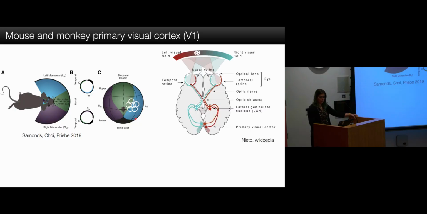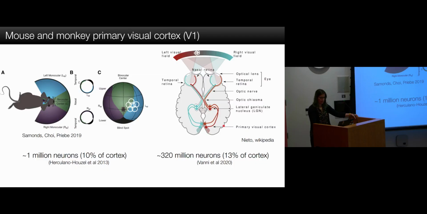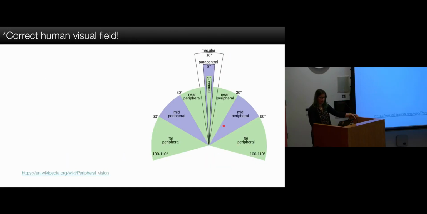We can compare that to the monkey visual field. Monkeys and us have much smaller receptive fields in our fovea, of 1 to 2 degrees. This picture is not correct in terms of the visual field. The visual field for humans is actually much bigger, but we only have really high acuity in the center part.